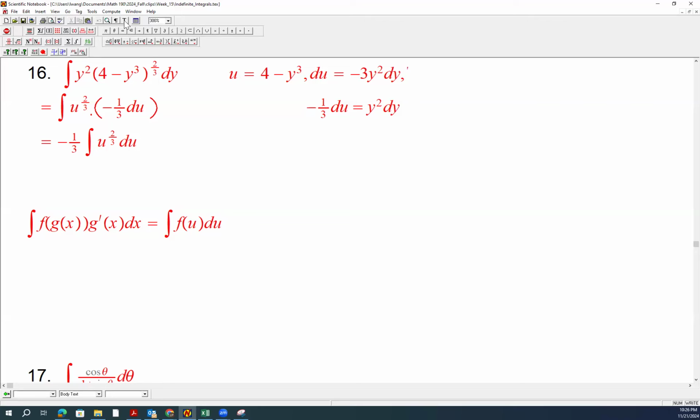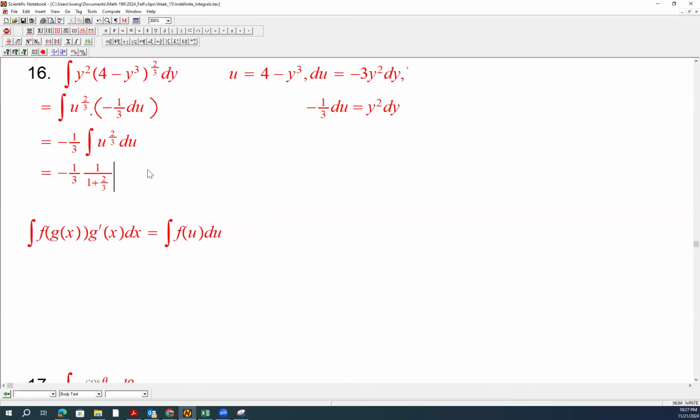So by this time, we will be able to find the antiderivative of u raised to the power of 2/3. We're going to use the power rule. So 1 plus 2/3, and u raised to the power of 1 plus 2/3, that's 5/3, plus the constant.